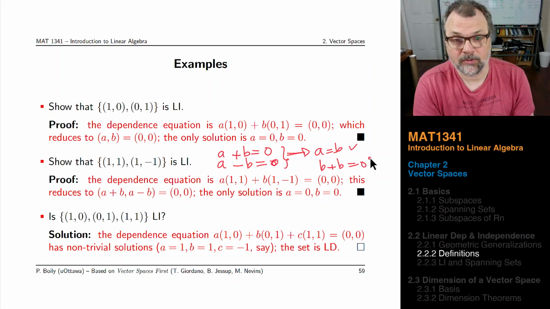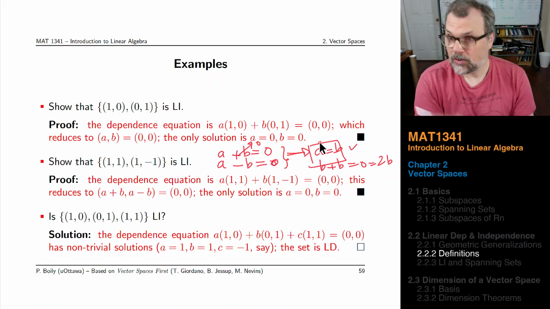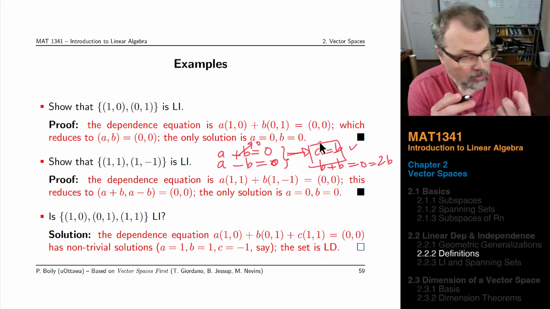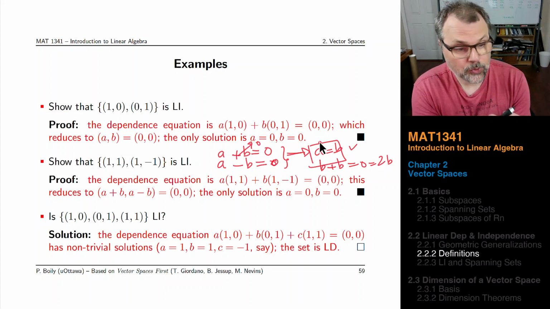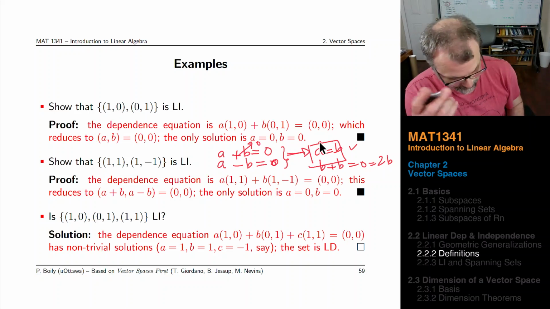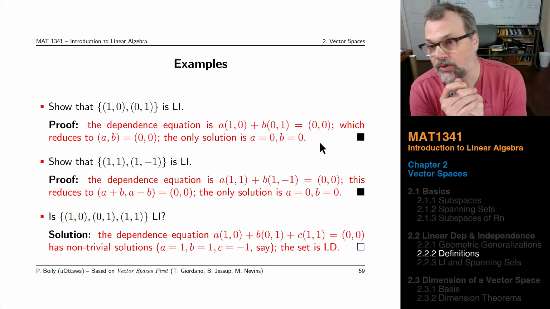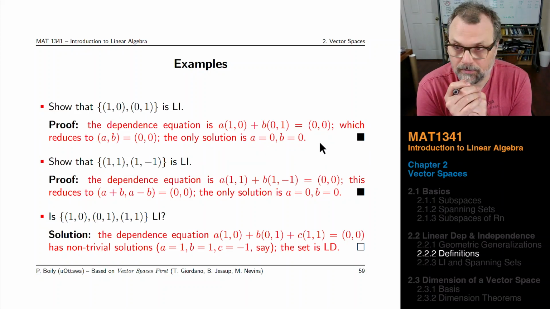If b plus b is equal to 0, then we have that 0 is 2b, so that b itself is equal to 0. And if b is equal to 0, from this little bit here, a is equal to 0. So we found a solution. It's unique. It's a solution where a is 0 and b is 0. It's the trivial solution. Because the trivial solution is the unique solution, then these two vectors are linearly independent.